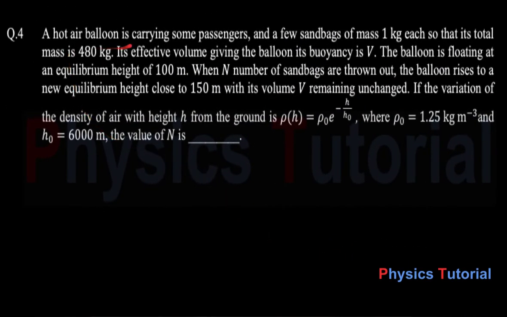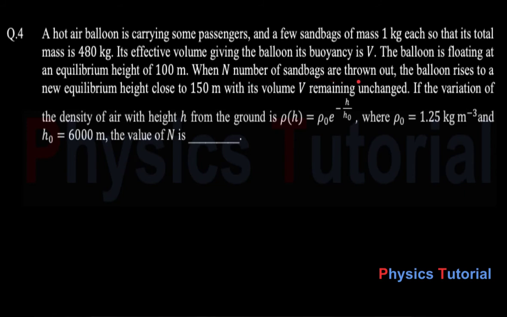A hot air balloon is carrying some passengers and a few sandbags of mass 1 kg each, so that its total mass is 480 kilogram. Its effective volume, given the balloon's buoyancy, is V. The balloon is floating at the equilibrium height of 100 meter.